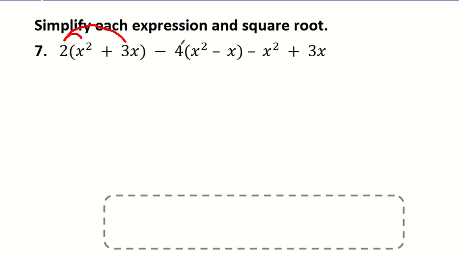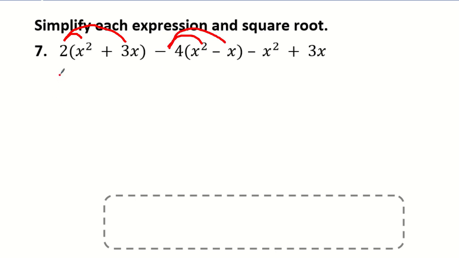Now here's the rest of the plot twist, I guess. Here you gotta realize, this is where I think a lot of us were getting tripped up way back when. We're distributing a negative 4. Not just 4, we're distributing a negative 4.